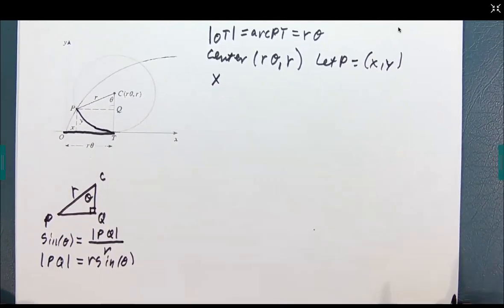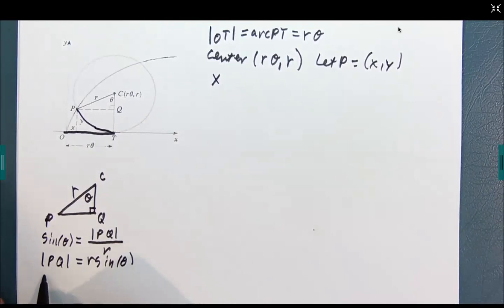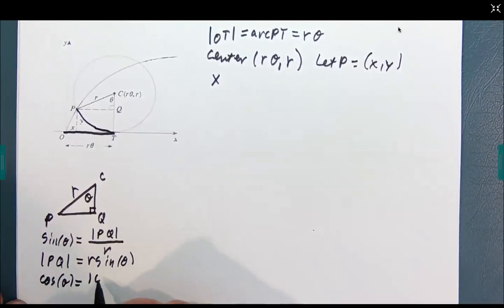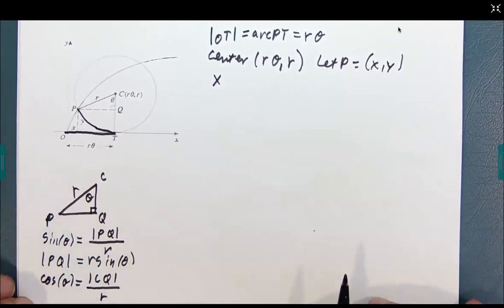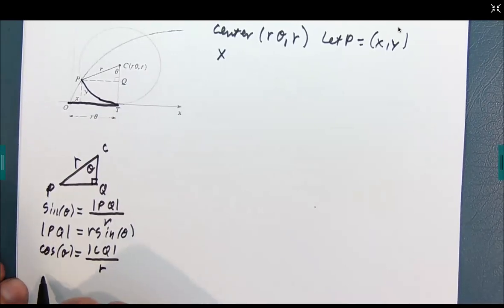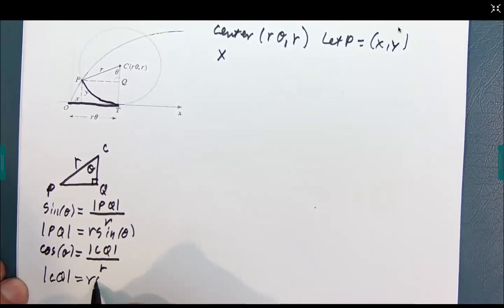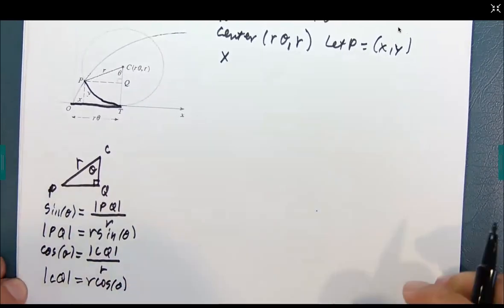In addition, you can do the same thing with cosine. Cosine of theta is CQ over R, which means CQ is R cosine theta. We'll come back to that.